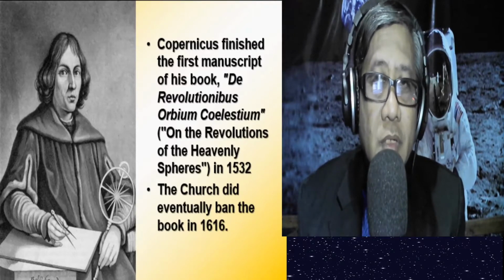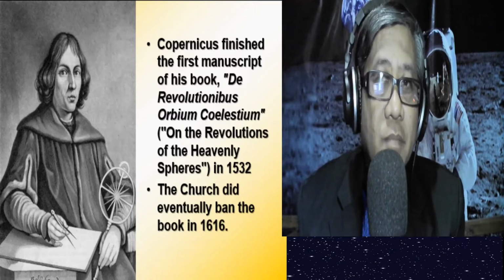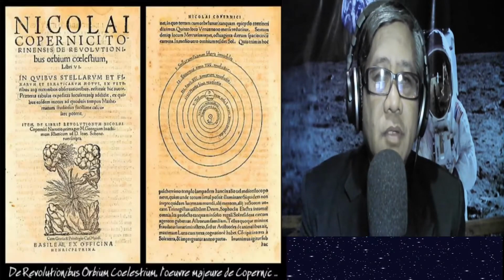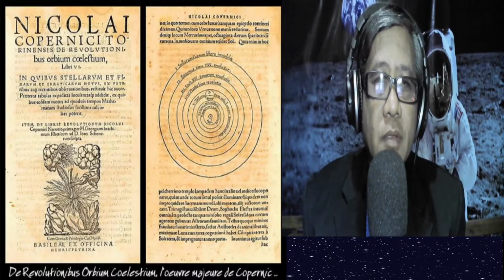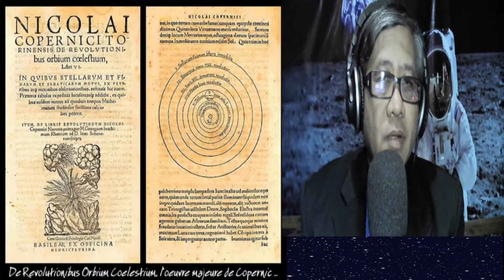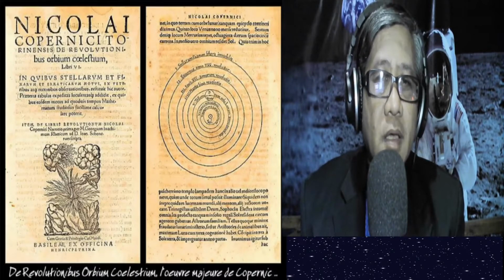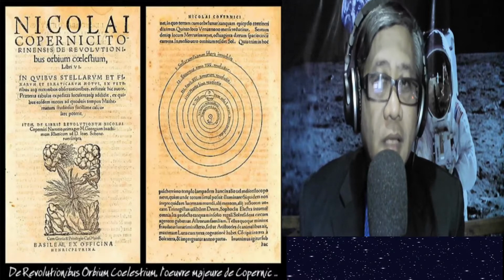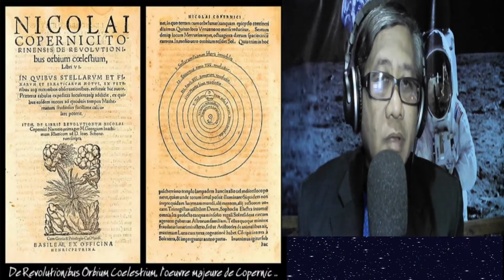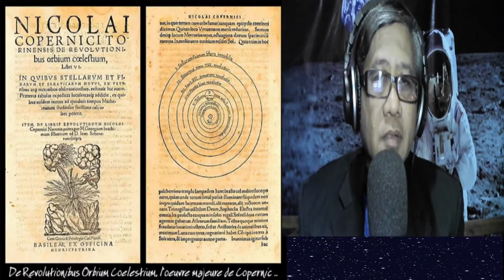Again, because he eliminated epicycles in his model and he placed the sun at the center of the universe. So this was his book On the Revolution of the Heavenly Spheres. And in this book, he placed the sun at the center of the universe. And he also explained the retrograde motions of the planet, especially that of Mars.